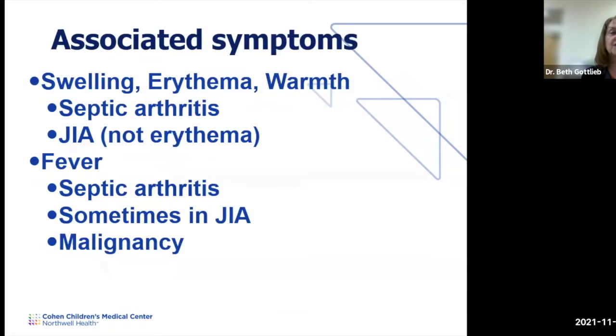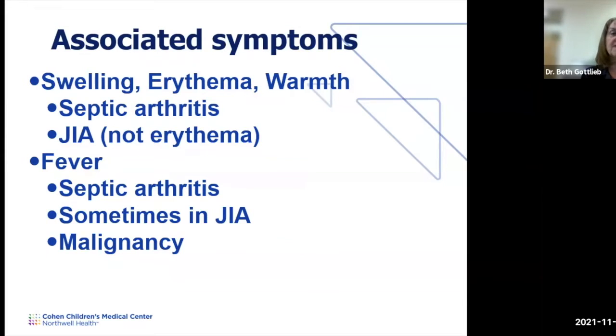So I just mentioned a lot of associated symptoms. Swelling, erythema, warmth gives us a very different picture of true joint effusion, of true arthritis. Erythema, we rarely see in JIA. We see that in septic arthritis. So don't be surprised if you don't find erythema often.